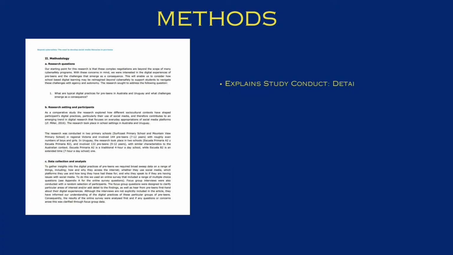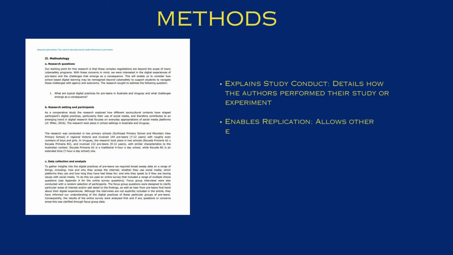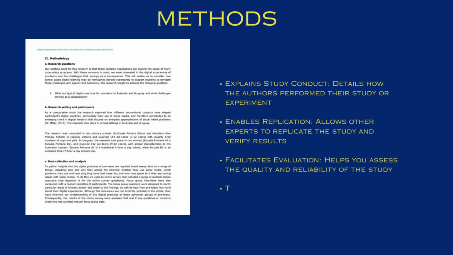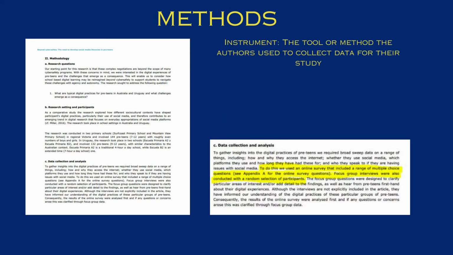The methods section explains how the authors conducted their study or experiment, which is important for replication and evaluation. This section typically includes the instrument, sample, parameters, and analysis. The instruments are the tools used to gather data, such as questionnaires or interviews.